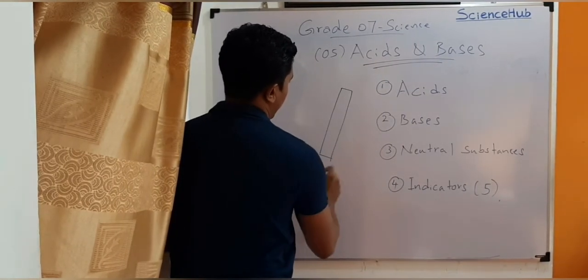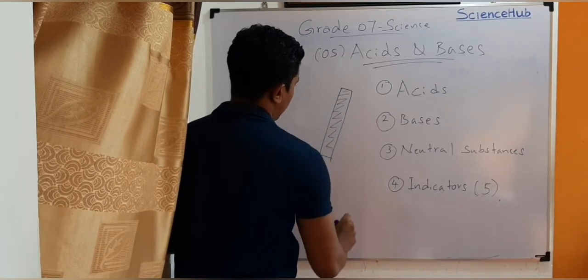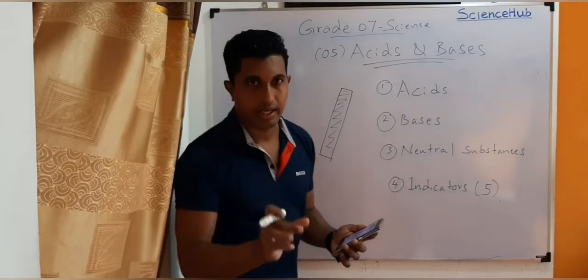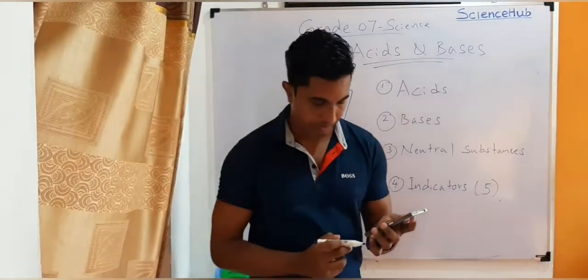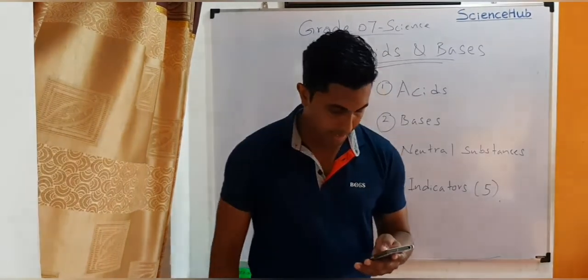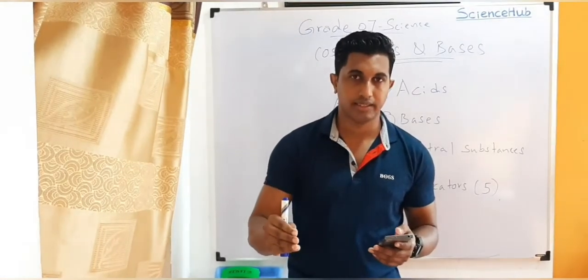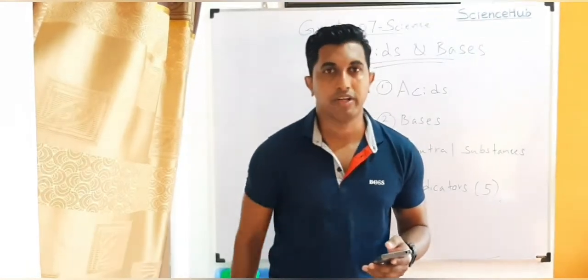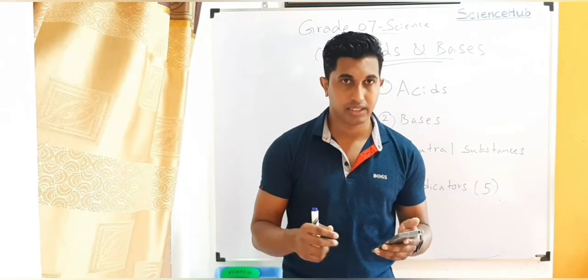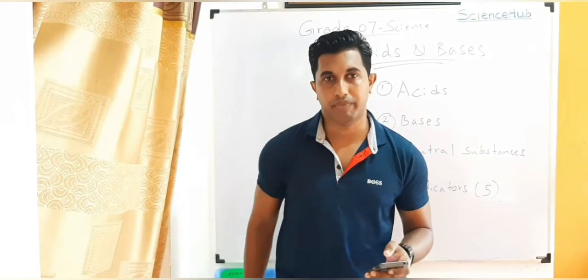Blue litmus is blue in color, and red litmus is red in color. Then pH papers, phenolphthalein and methyl orange. Phenolphthalein and methyl orange are liquids, solutions, and pH papers, blue litmus and red litmus are paper materials.